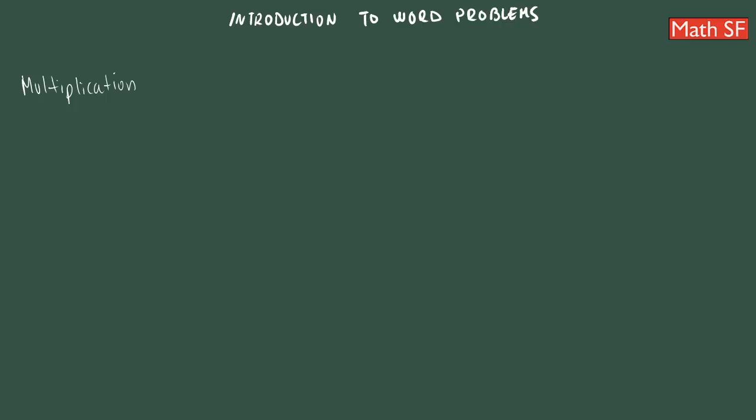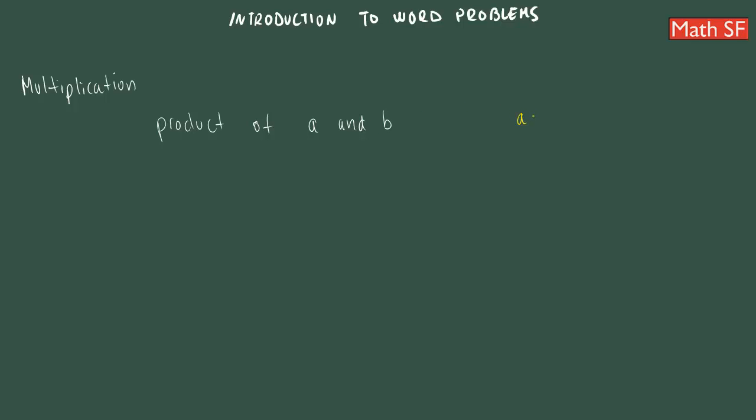In a multiplication statement, you will often see words, or sentences, like the product. What is the product? The product is the result of multiplying a bunch of numbers. So let's suppose you have the product of a and b. How will that be translated into algebraic terms?